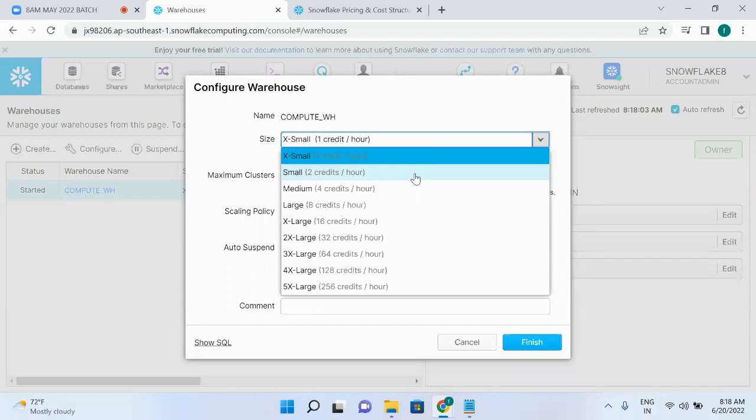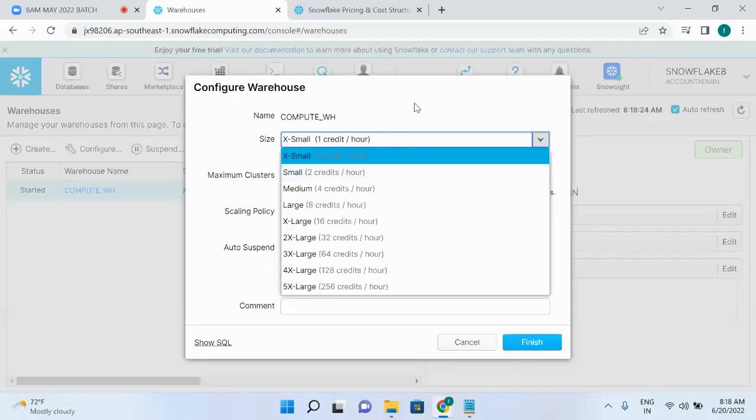For example, with your laptop, 4 GB RAM, 8 GB RAM, 16 GB RAM: when you increase the size of the RAM, your performance increases, right? The same way here, when increasing the virtual warehouse size, the charges will increase, at $2 per credit.